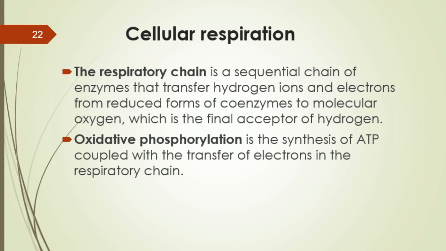During these reactions, energy is released gradually in small portions and can be accumulated in high-energy bonds in the ATP molecule. The oxidation of NADH and FADH2, coupled with the synthesis of ATP from ADP and phosphate, is called oxidative phosphorylation.